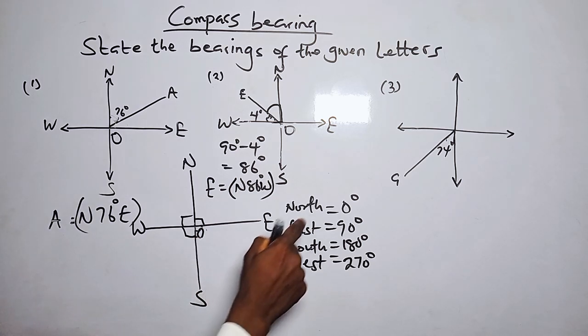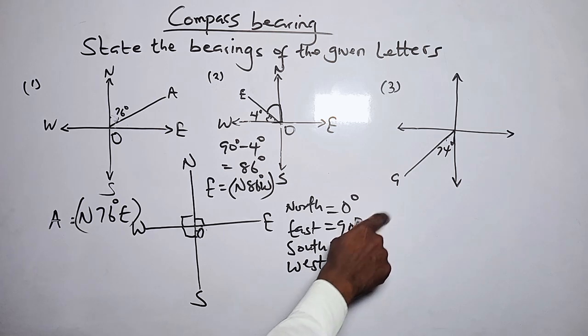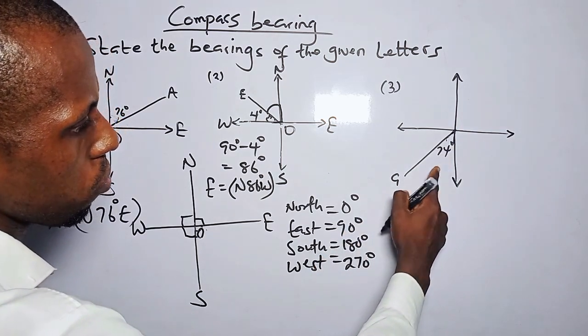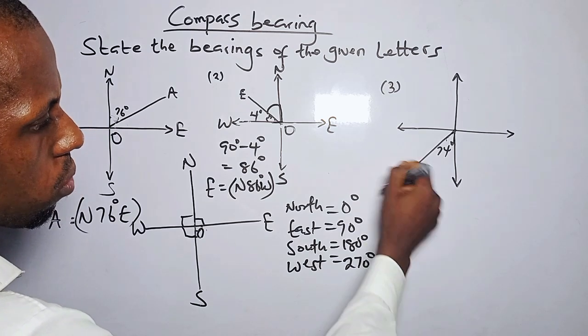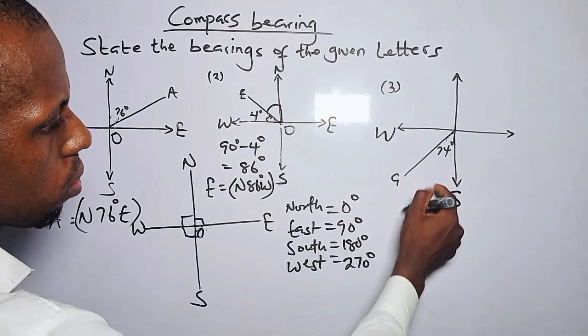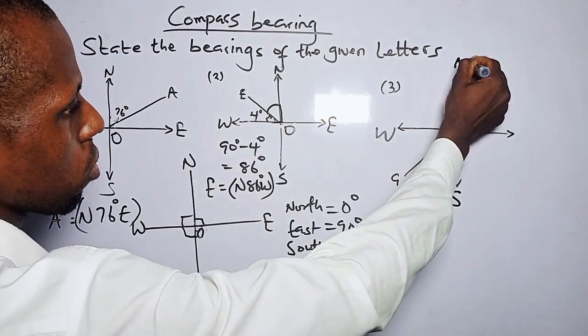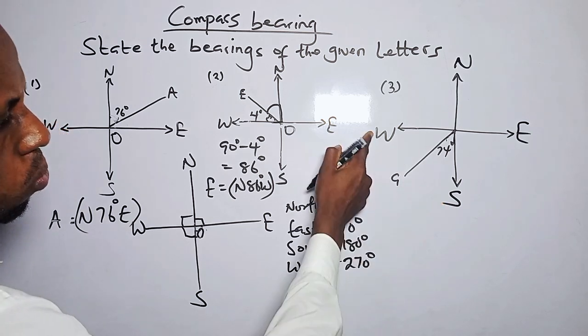To state the bearing of the position of G, when we look at this, 74 degrees is closer to the south, so it's south and west. We can make reference to the south, so we go southwest.